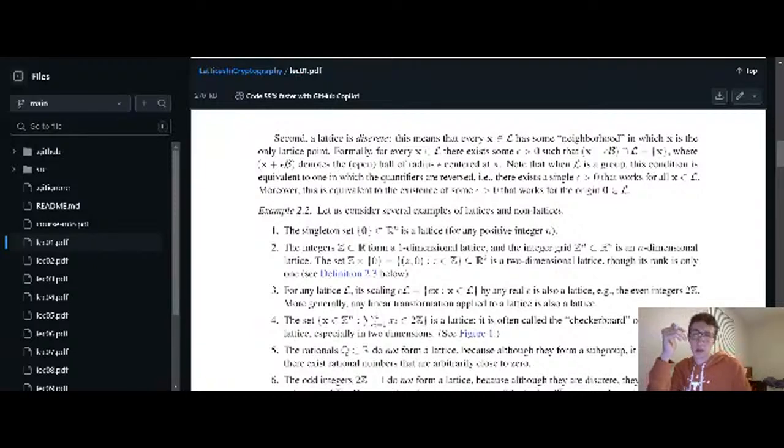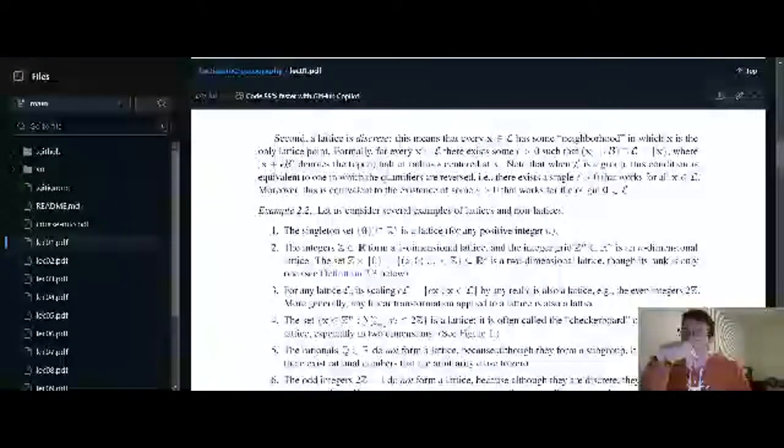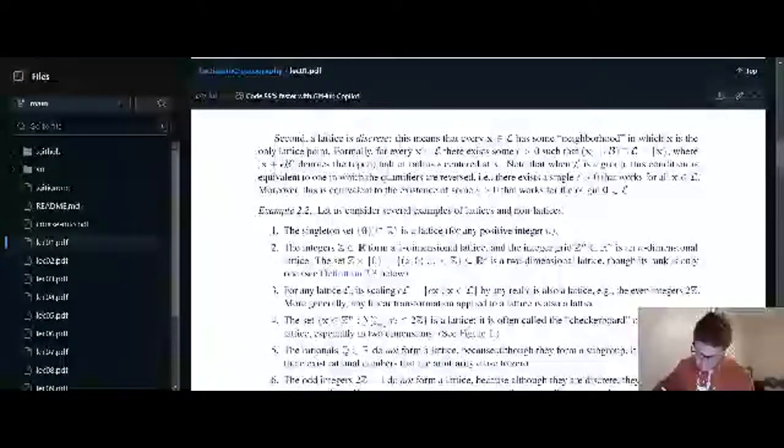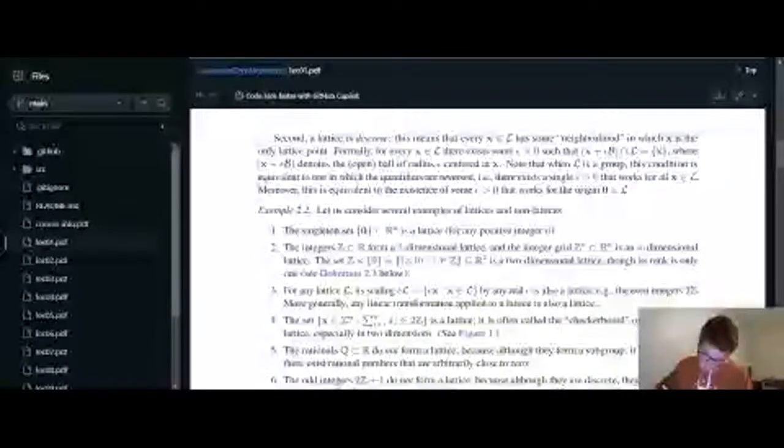Okay, so I'm gonna write that in words. So x plus epsilon B is the open ball. Oh, I see. We're gonna use the same example. Let's draw our lattice.